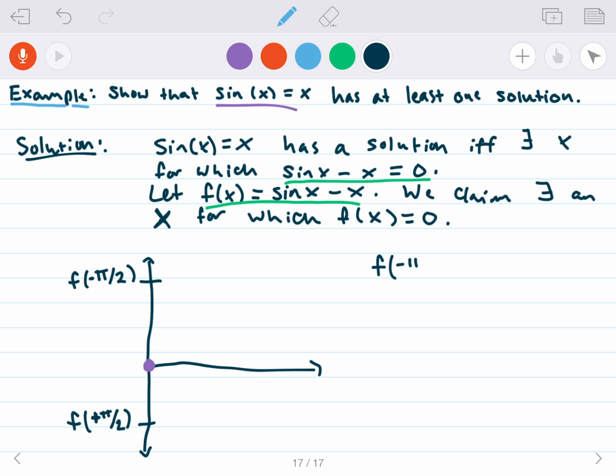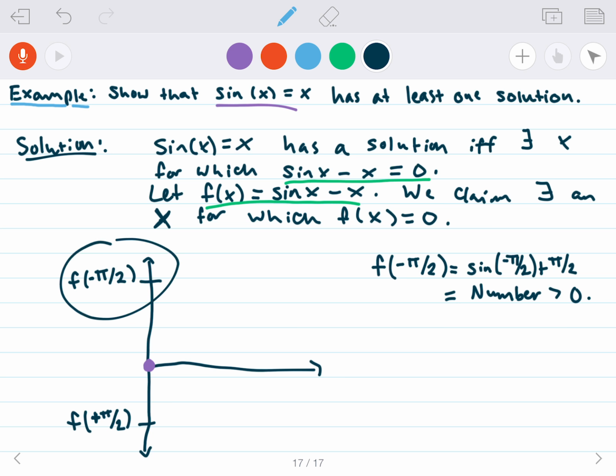So f of negative pi over 2 is going to be sine of negative pi over 2 plus pi over 2. And if you check in your calculator, this number is positive. It's going to be greater than 0. So it is going to be up here.